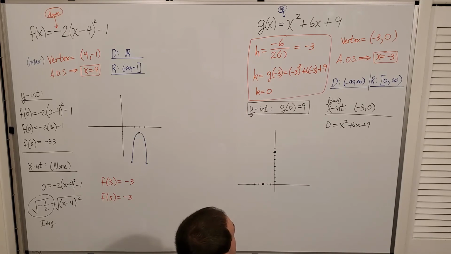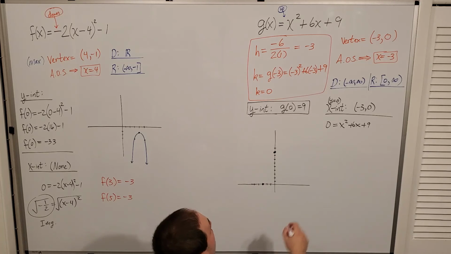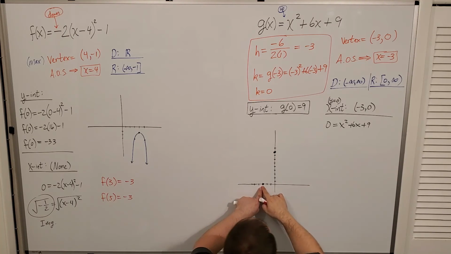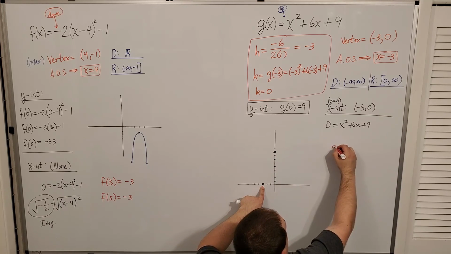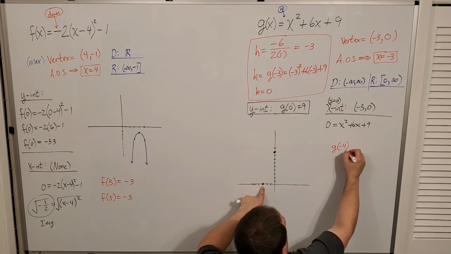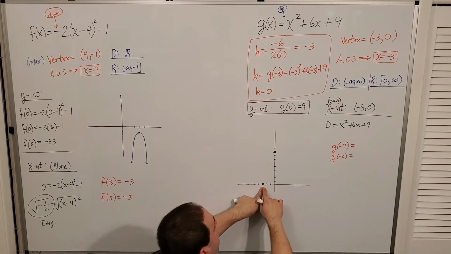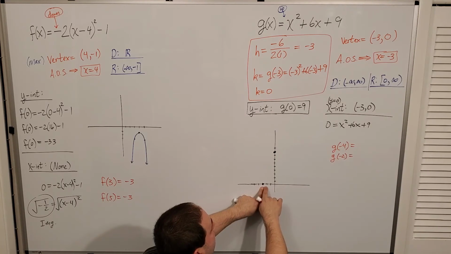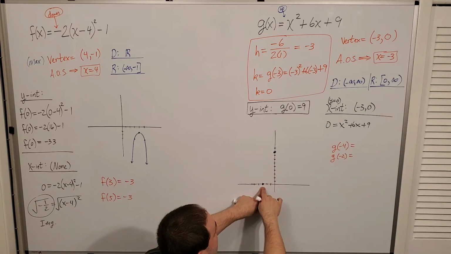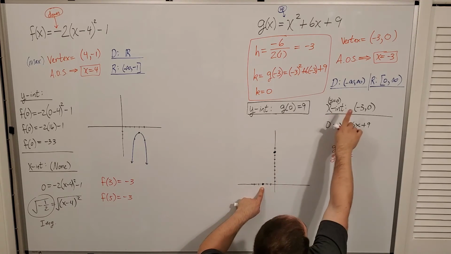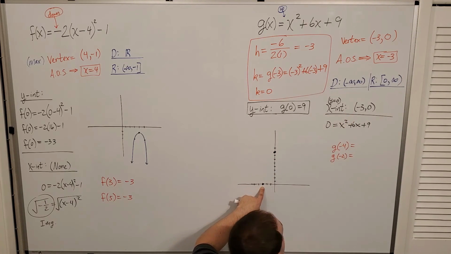I could plug in a couple of other points since I don't seem to have much going for me here. -3 is my x value of the center here. So let's do g of -4 and g of -2. Those will be on either side of my center here, right? -2 and -4. So they should be the same output because I'm doing symmetric around the center here. The center is x equals -3.